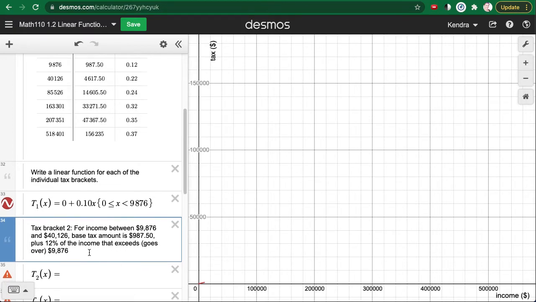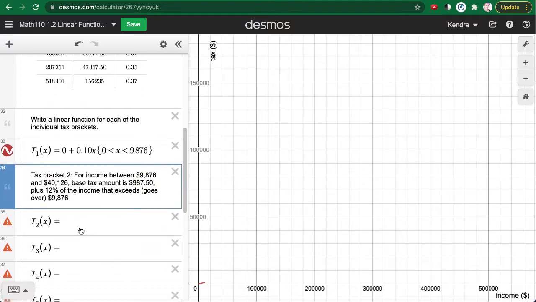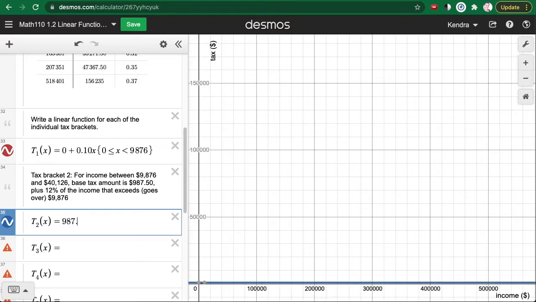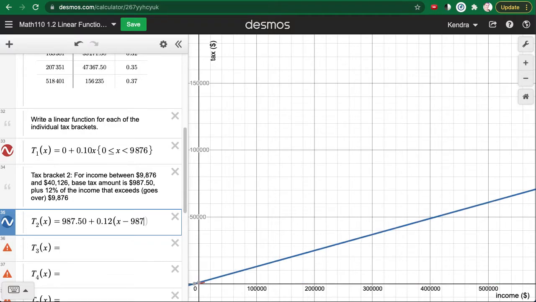Okay, so that is what tax bracket 2 looks like. And if we build this into a model, this is going to be a base amount of $987.50 plus 12% of the income that goes over 9,876. So I'm going to say there's 12% of the amount that goes over that, which is x minus 9,876.